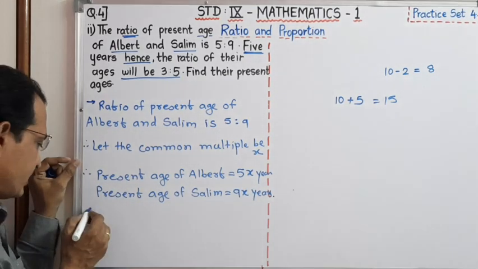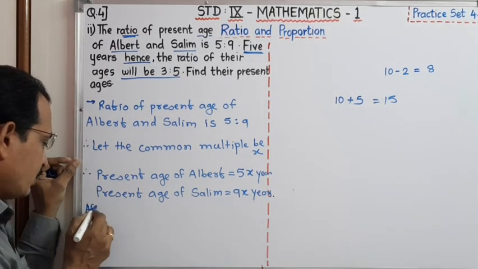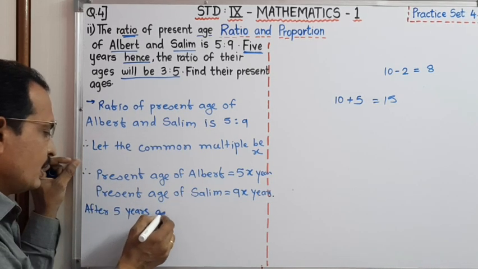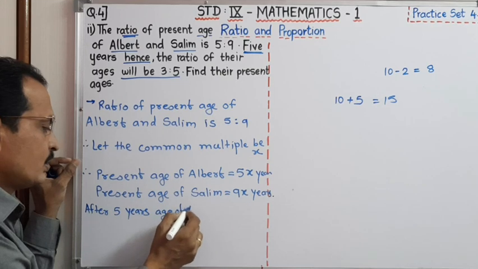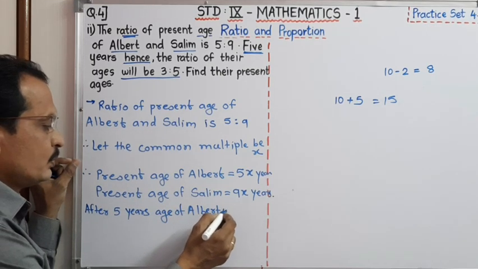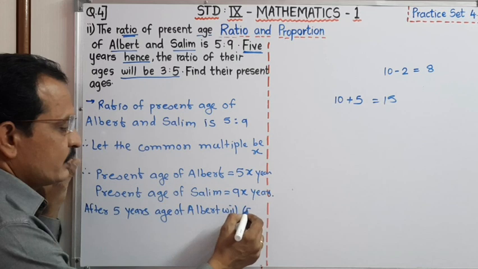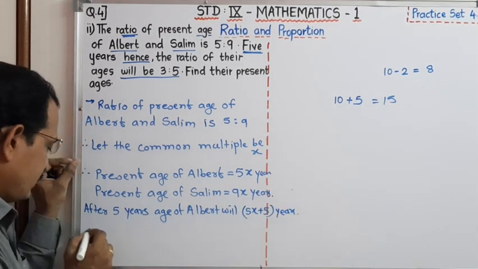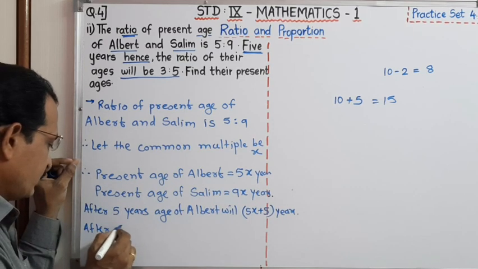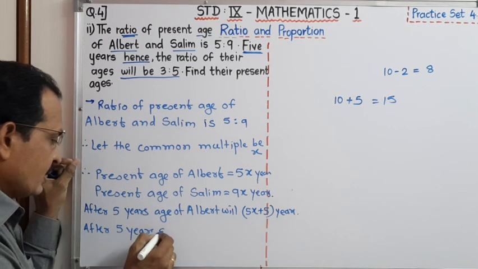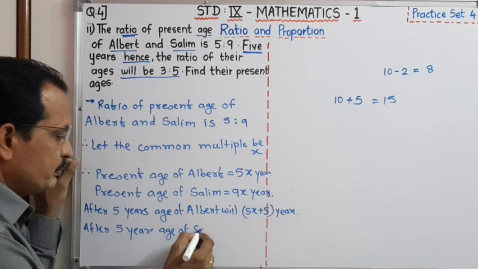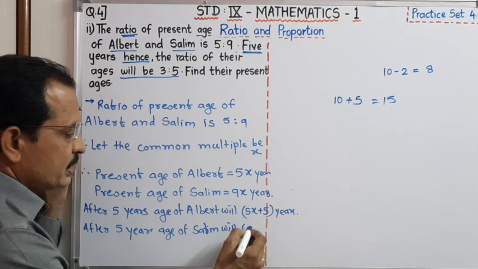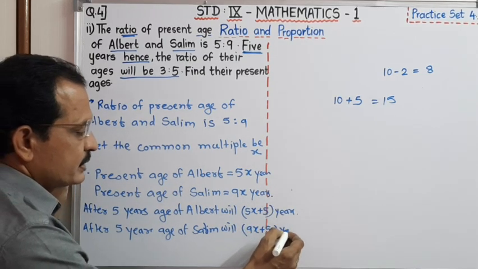After 5 years, the age of Albert will be 5x plus 5 years, and the age of Salim will be 9x plus 5 years.